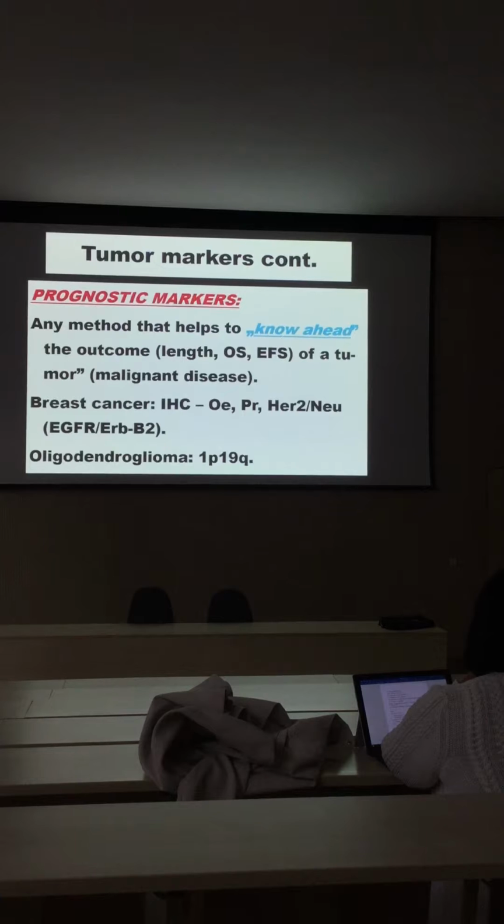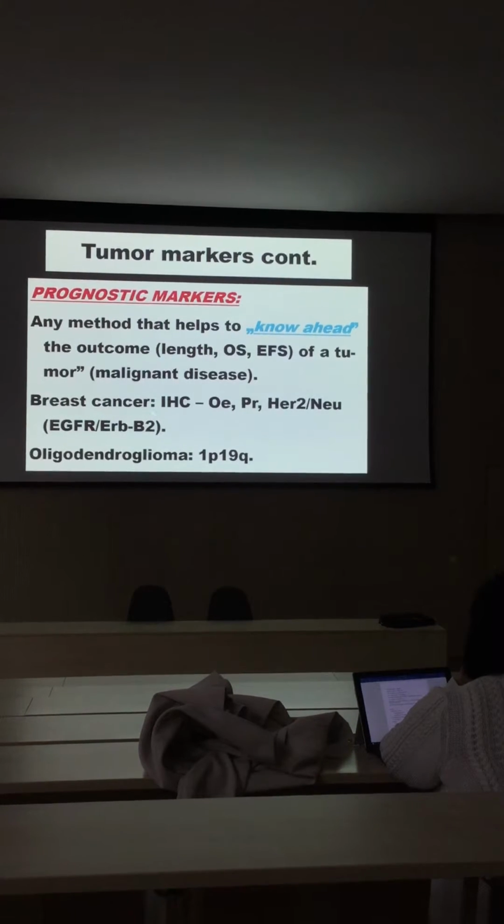A prognostic marker is to know ahead, and that will tell us the length of overall survival, the event-free survival time, in a case of a malignant tumor. And this is represented, for instance, in the case of a breast cancer.